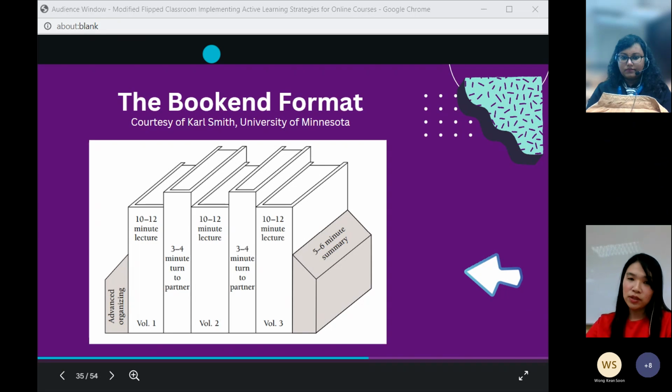Finally, after all this repeated process, at the end, you have 5 to 6 minutes of summary which reflects on the session. Maybe you can, as what Ms. Shamini said just now, ask them, for example, what is the most meaningful thing that you learned from the class just now? You can ask them for some suggestions or comments about the thing that they learned.